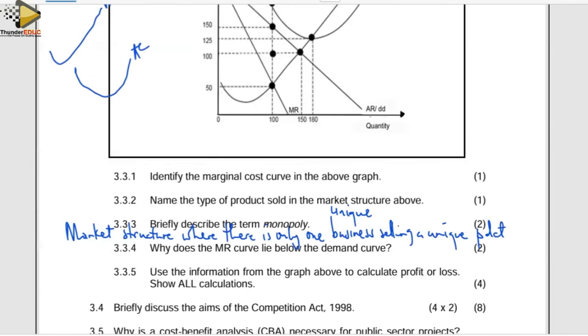We are saying this because the monopoly or the business has to reduce their price in order to sell additional units.